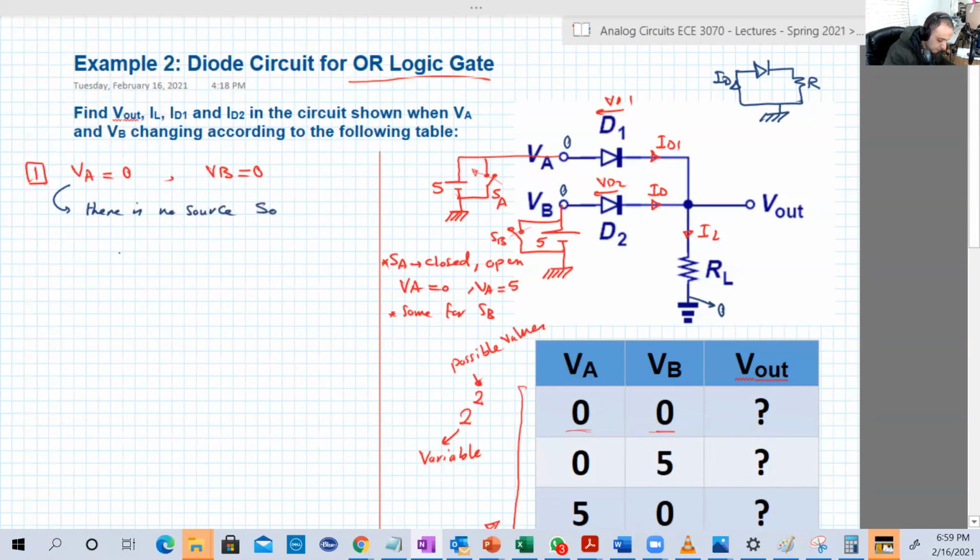So ID1 equals ID2 equals 0. So IL will be equal to 0 as well.